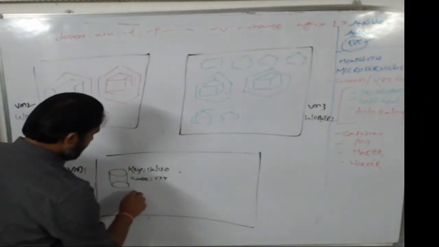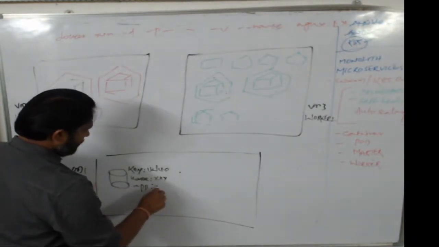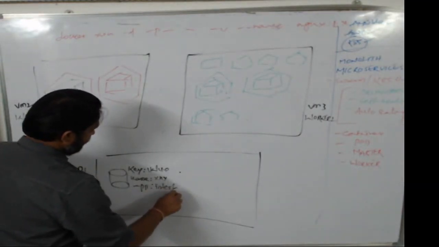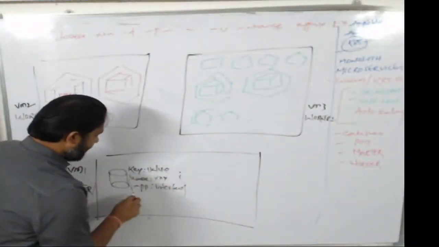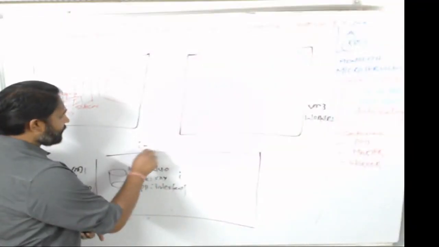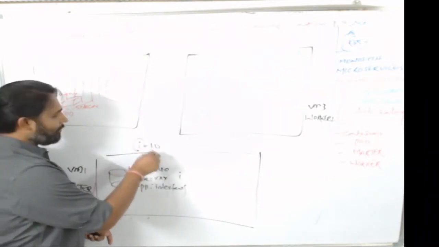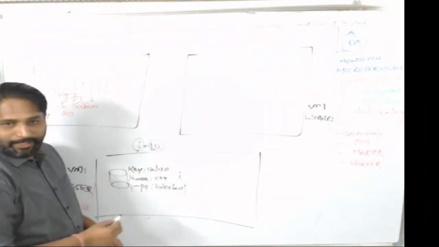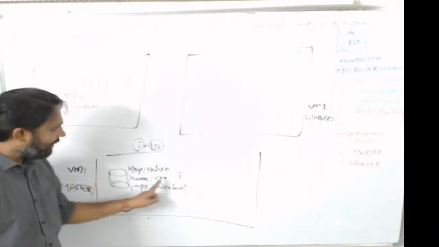Another thing could be app, interface. These are called key value pairs. Key value, for example, i equals 10. i is the key. Value is the value it holds. Very simple concept. Alright?